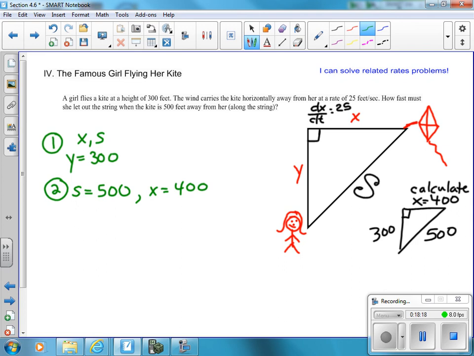We used Pythagorean theorem: 300 squared plus x squared equals 500 squared. So we figured that out. The wind carries the kite away from her at a rate of 25 feet per second. So dx/dt is going to equal 25 feet per second.